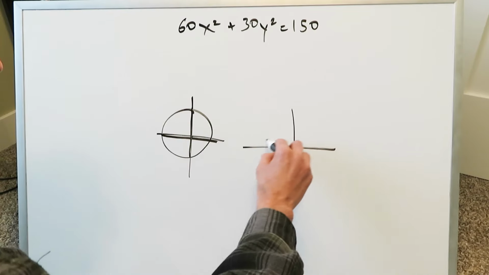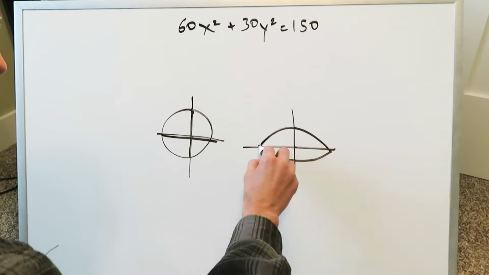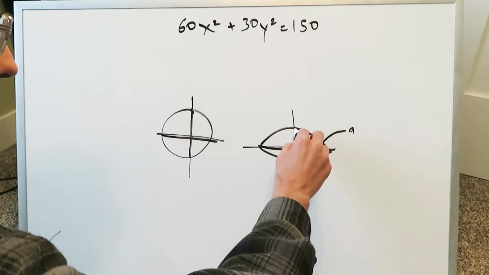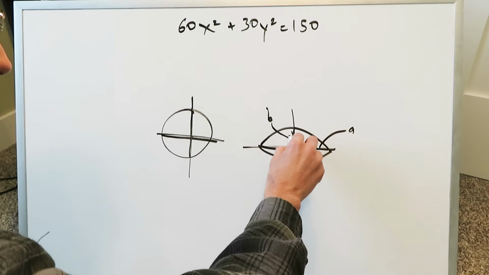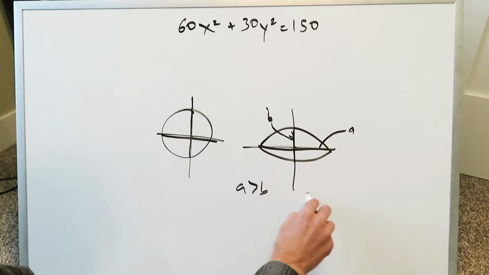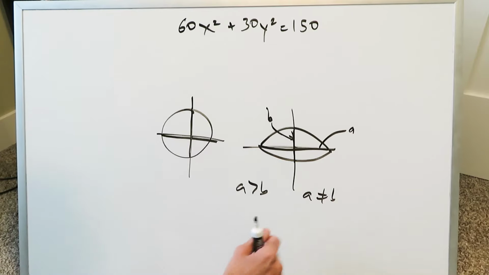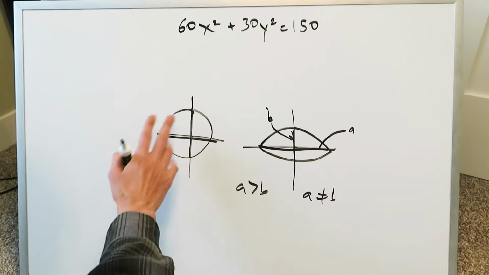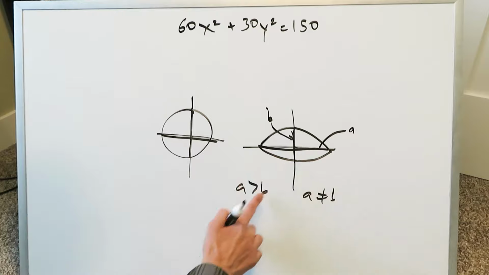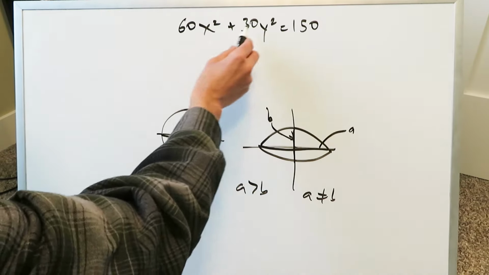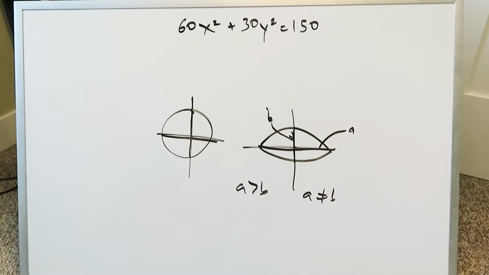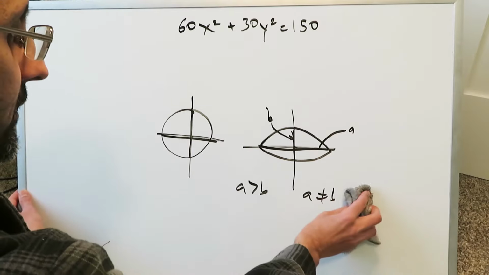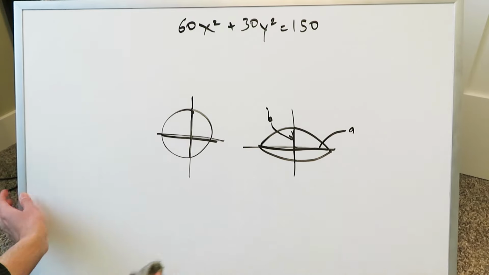But when you're looking at an ellipse, you have the major axis, we'll call that A, and a minor axis, we'll call that B. The A is always larger than B, and A can never be equal to B, because then that would be an indication of a circle. For an ellipse, A is greater than B, and you have these coefficients that lose the relationship of a circle, but you retain that for an ellipse. So what we're really looking at is an ellipse.